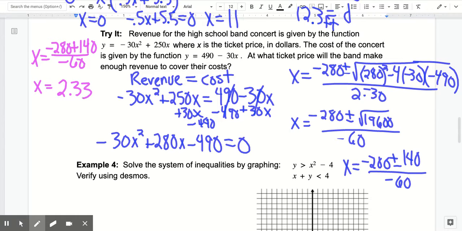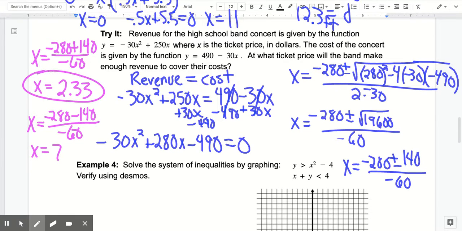And then the other one is x equals negative 280 minus 140 over negative 60, which is 7. So at what ticket price will the band make enough revenue to cover their costs? We actually have two different answers that make sense here. We could price our tickets at $2.33. We could price them at $7.